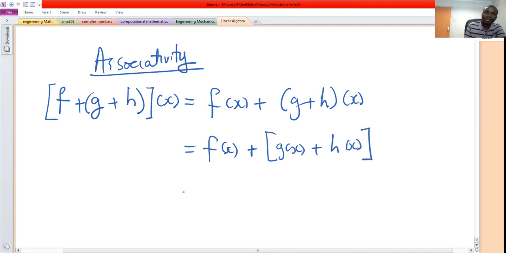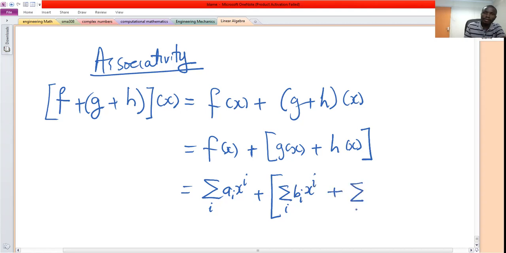And we have defined this one as summation ai xi plus summation bi xi plus summation ci xi.